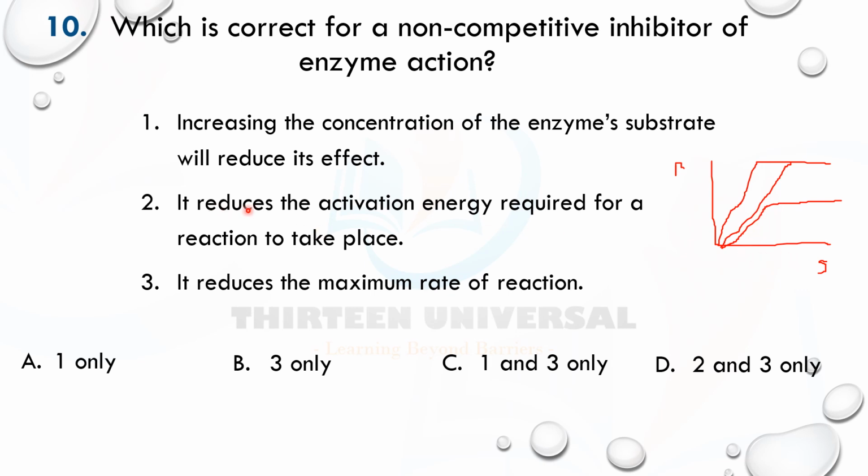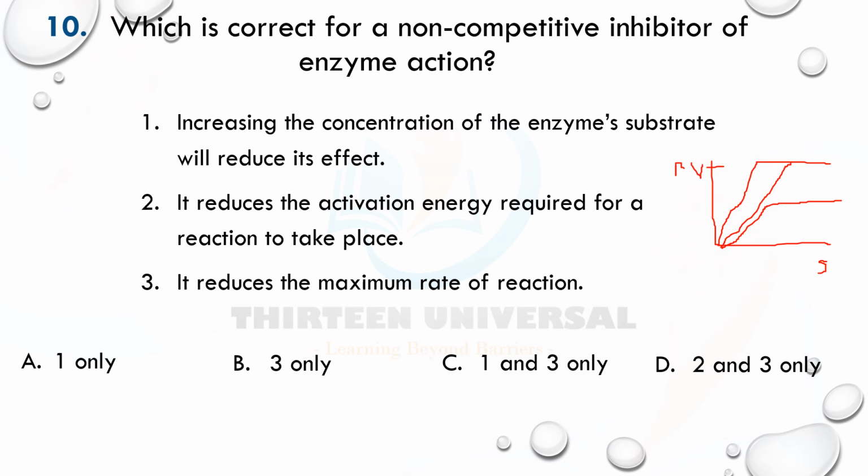Now two says it reduces the activation energy required. Activation energy is only reduced by enzyme, not substrate, not inhibitor. So this is wrong. Three says it reduces the maximum rate of reaction. Yes, that's what it does. The maximum rate of this reaction is here. That's Vmax.